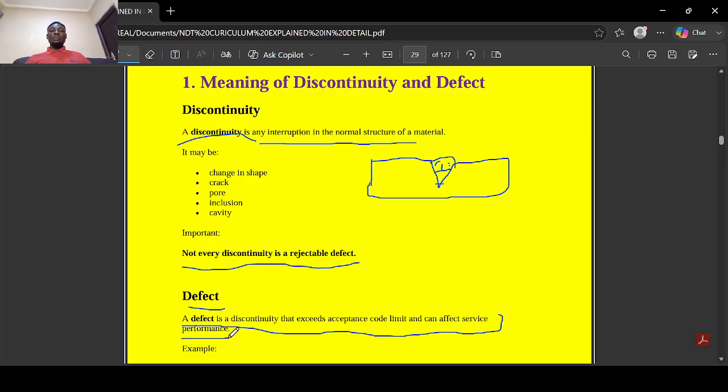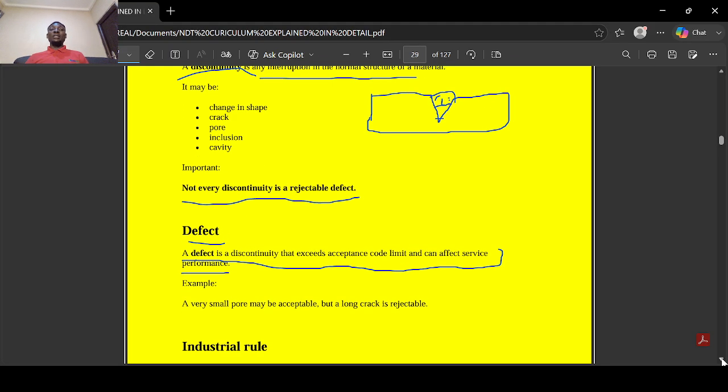Like the example we made of the vehicle, a discontinuity within the engine is different from a scratch in the door, because that scratch will not affect the vehicle. Unlike a crack in the engine, where there's every possibility that if the vehicle is not put in order, it can break down.